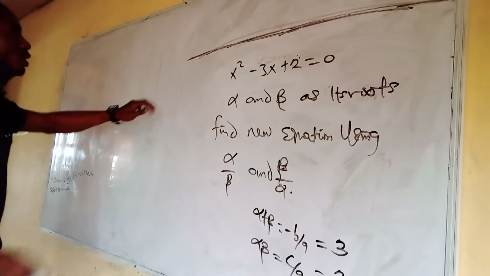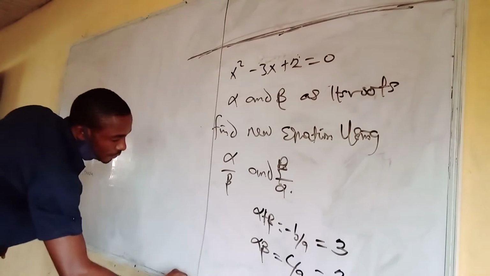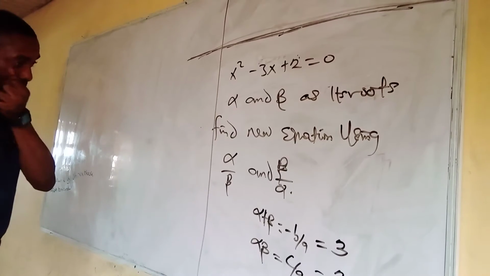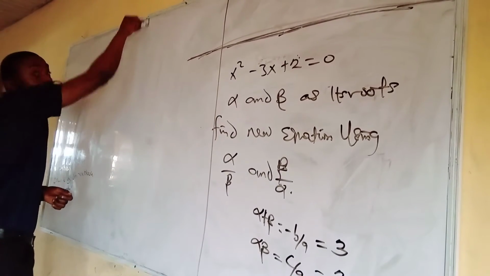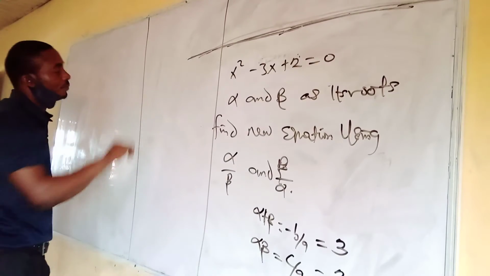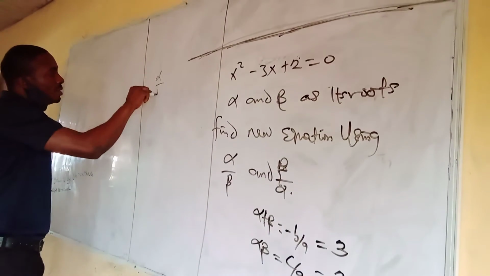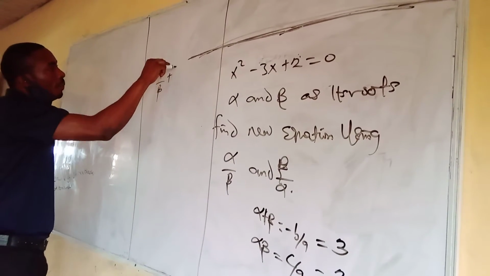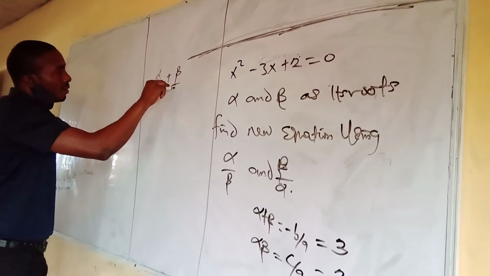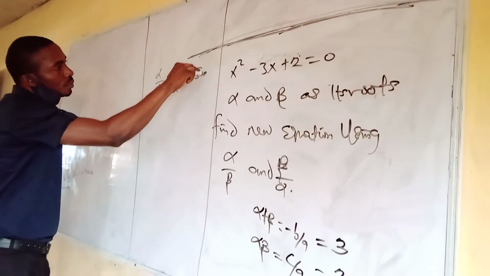So if you want to form a new equation using alpha over beta and beta over alpha, we can have it in this way. Alpha over beta plus beta over alpha.